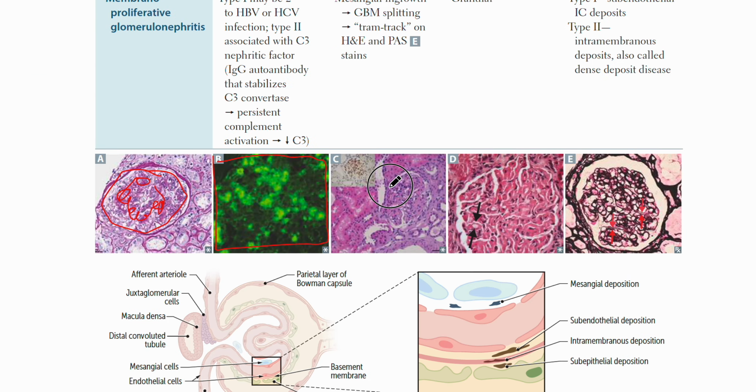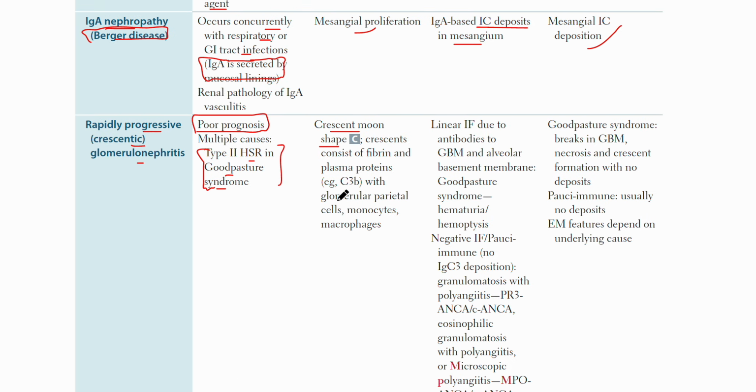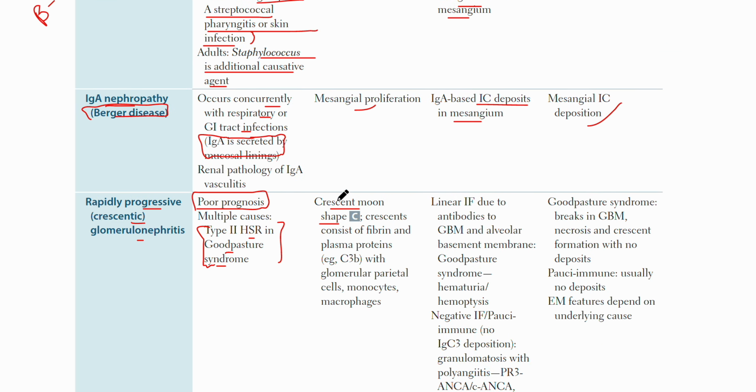Crescent moon shaped, you can see, crescent moon shape, right? Here, crescent moon shape, these regions here, you can see the figure, right? So the crescent moon shaped appearance is there in light microscopy.